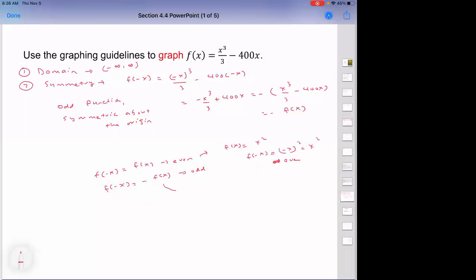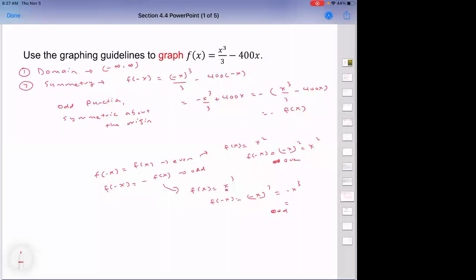On the other hand, let me take a simple function here. f(x) equal to x cubed. Replace x by negative x. What do you get? Negative x times negative x times negative x, 3 times. That is the negative of the original function. That is an odd function.